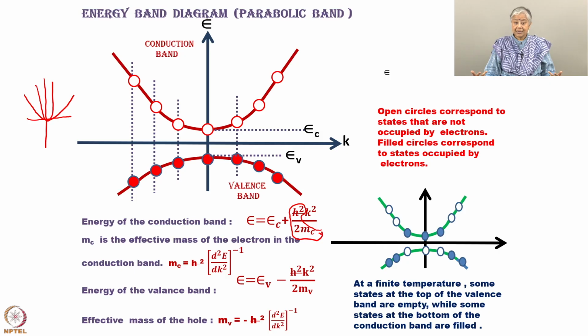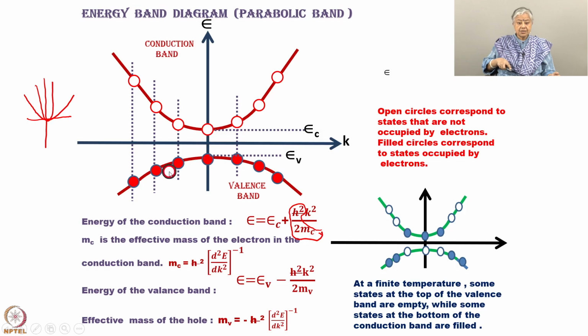But say my band gap becomes less. Band gap is less than 2 electron volts, much less than 2 electron volts.